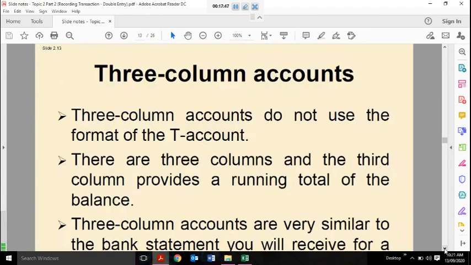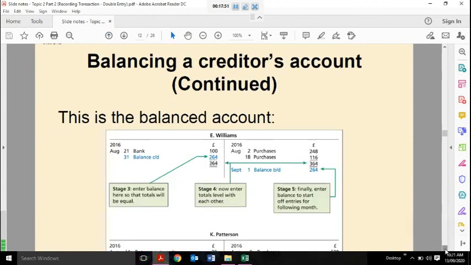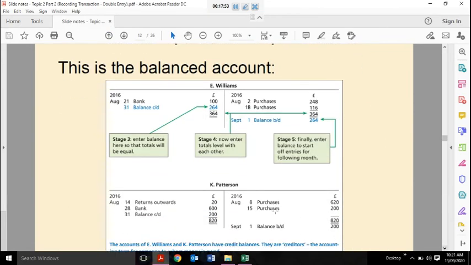Okay, this is another example, for K. Peterson. You purchase from K. Peterson these two transactions, and then you return some of the product because of the default, 20, and then you pay them 600. And then you total first. The bigger figure is written first.